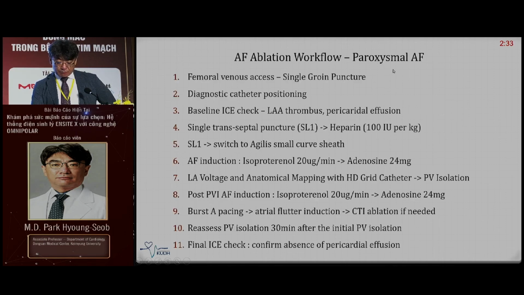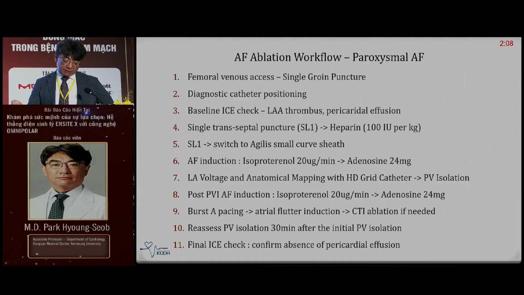This is my paroxysmal atrial fibrillation ablation workflow. I usually perform it with a single groin puncture, and after diagnostic catheter positioning, baseline ICE catheter check, and single transseptal puncture, I induce the atrial fibrillation with isoproterenol at 20 micrograms per minute. I perform the voltage and activation mapping with the HD grid catheter, and I perform the PBI isolation.